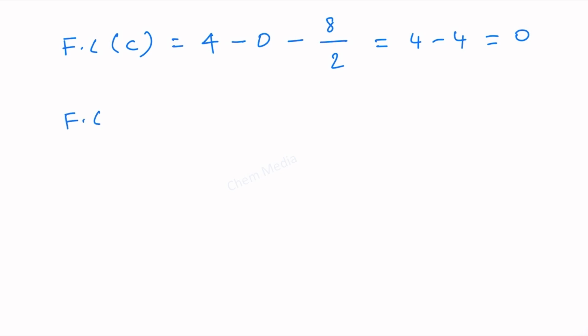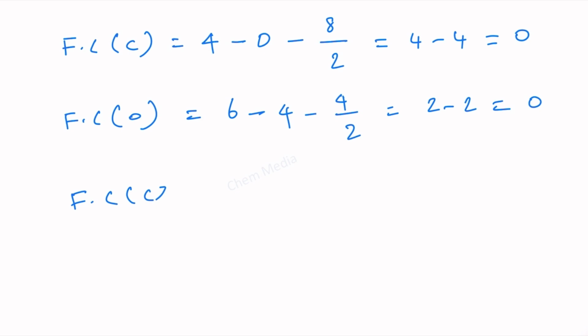Formal charge of oxygen is equal to, we have 6 valence electrons in oxygen, we have 2 lone pairs, that means 4 here, minus we have 2 bond pairs, that means 4 by 2 here. Therefore, this is equal to 2 minus 2, that is equal to 0. Formal charge of chlorine, for both the chlorine atoms it would be the same.